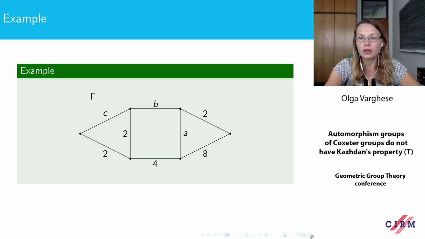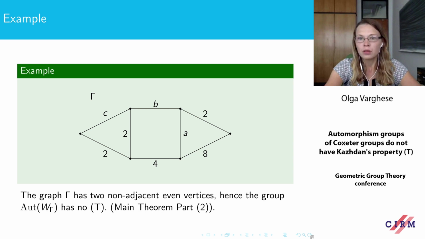Okay, so this graph has two non-adjacent even vertices. So this vertex is an even one, and this vertex is an even one. Hence, the group Out W gamma has no property T by part 2 of the main theorem.